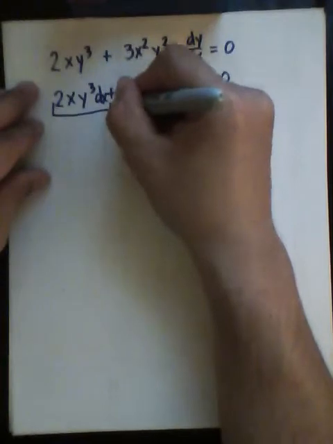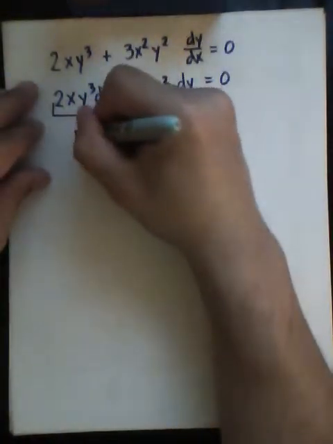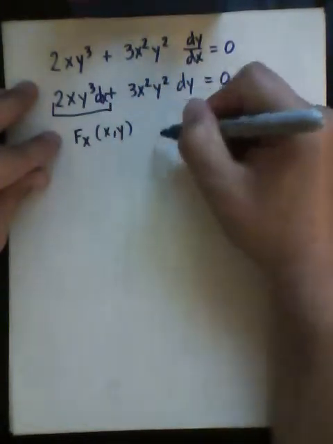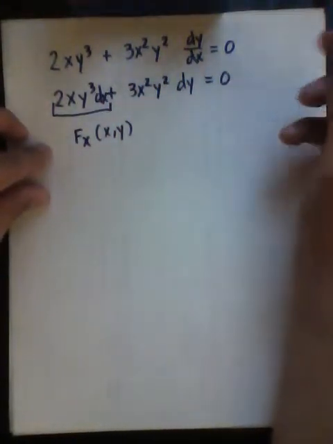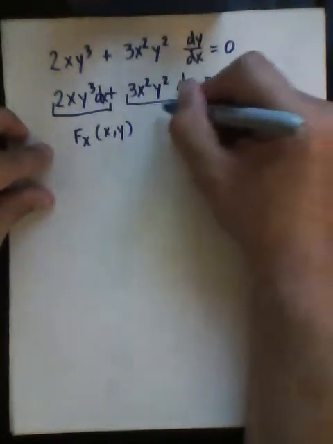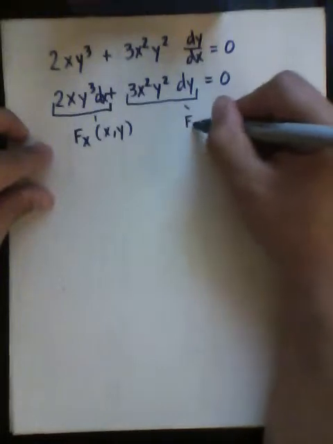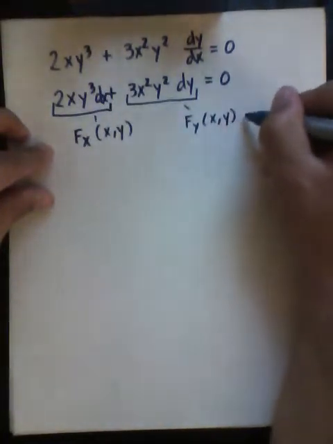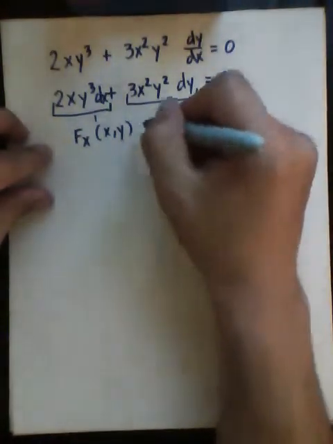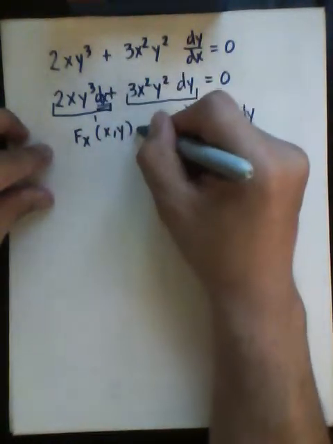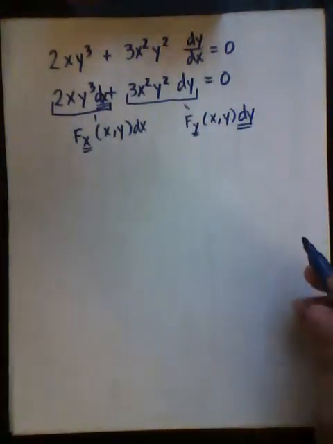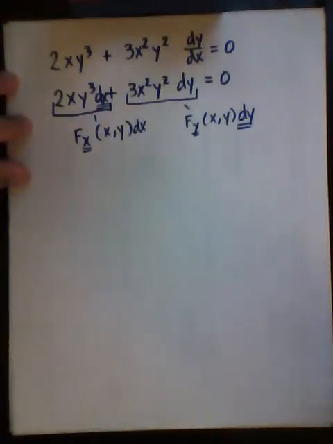So remember, this part right here is your f sub x, and this part is your f sub y. The way I keep them straight is that here we have a y, so this is f sub y dy. Here we have an x, so this is your function's derivative with respect to x.